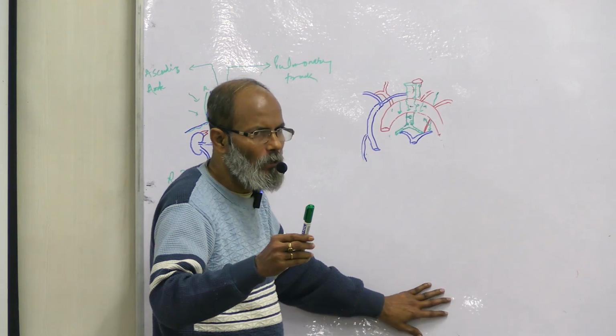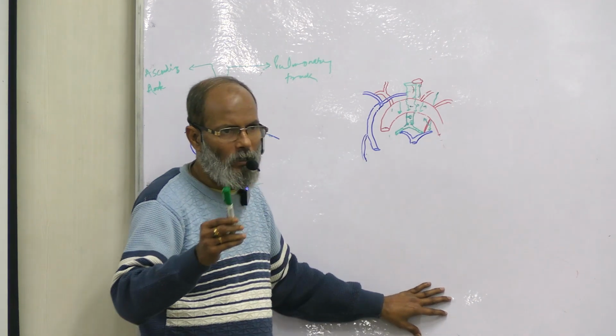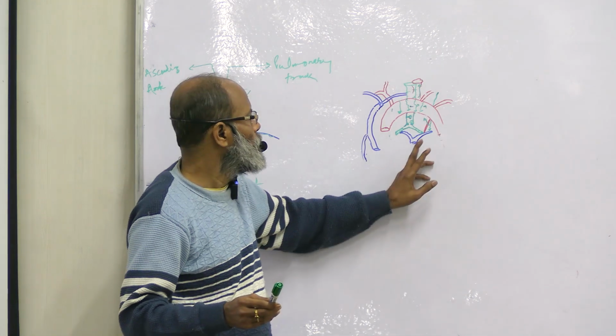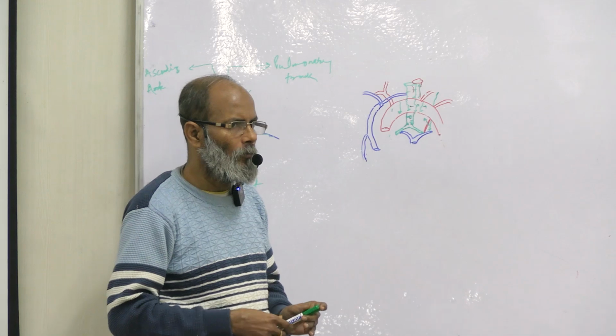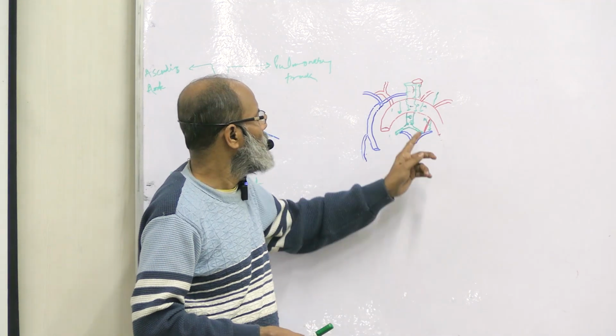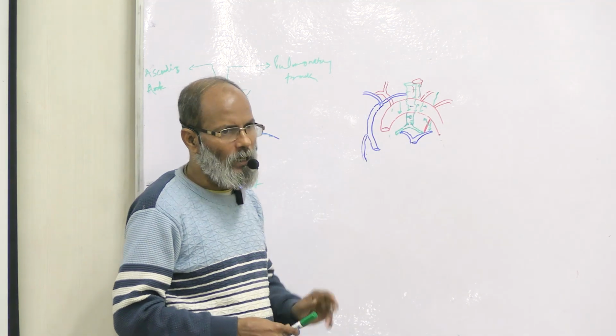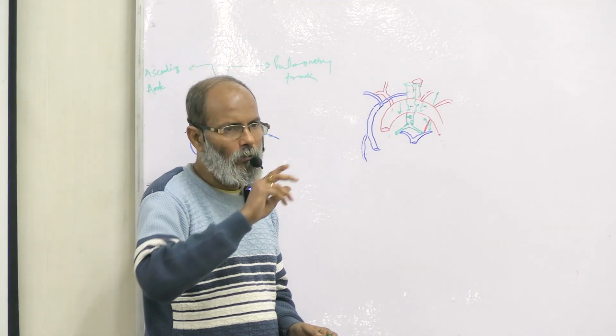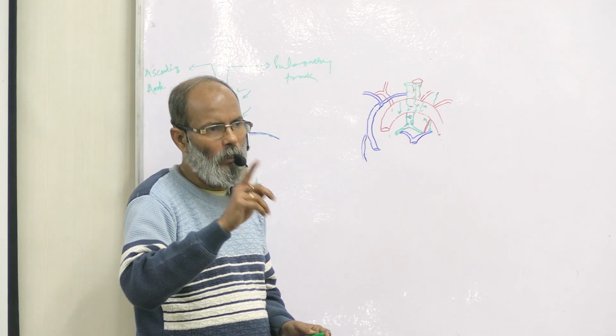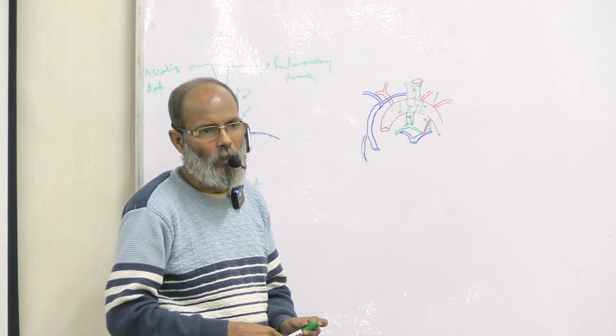This is an explanatory note commonly asked in the examination. Why does the left recurrent laryngeal nerve hook the ligamentum arteriosum, and why on the right side does the recurrent laryngeal nerve hook the right subclavian artery?